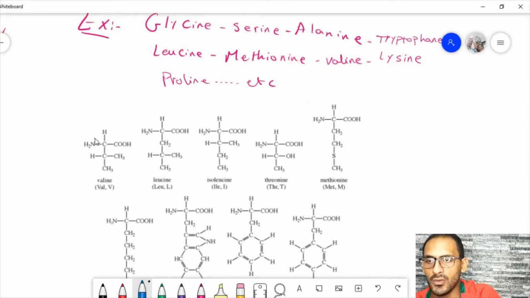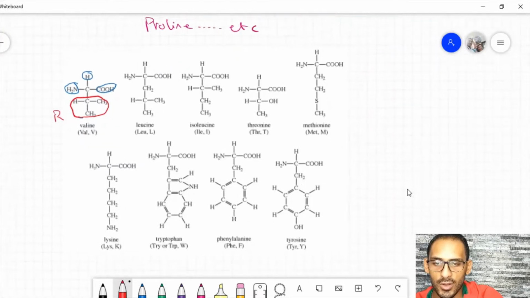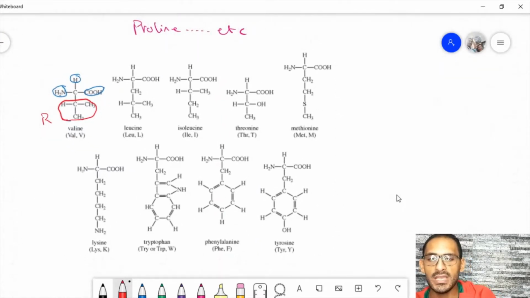Okay, now if you look at that over here, for instance, let's take the valine. You find over here the amine group, you find the carboxylic acid group, or the carboxyl group. This is the hydrogen, and here this one in red, this is the R. This is the side group, or the side chain. Okay, so let's see something more complicated like the tyrosine over here.